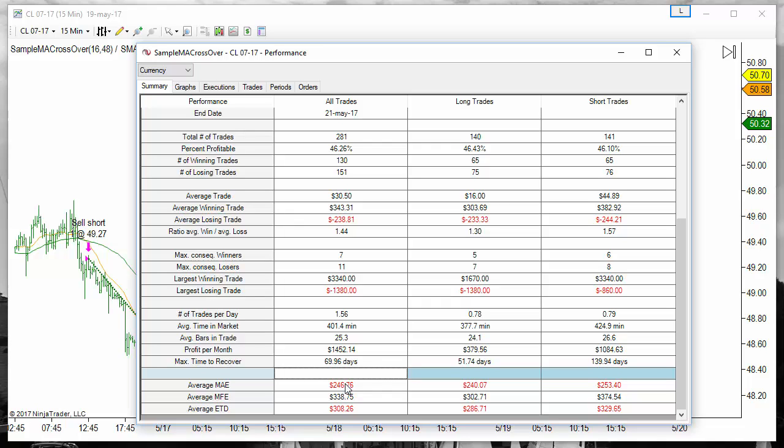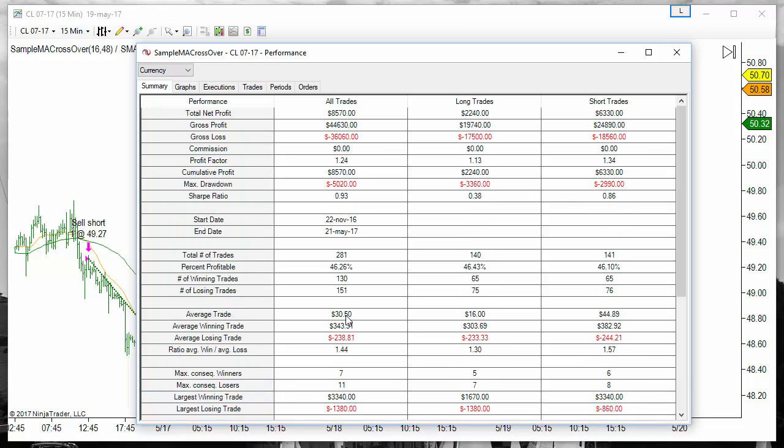So our target should be greater than this number. On the other side, the maximum favorable excursion shows those trades that finished in a loss, but even so they were on the positive side. So the average for those trades is 338. That means that on average we have losing trades that were winning $300.